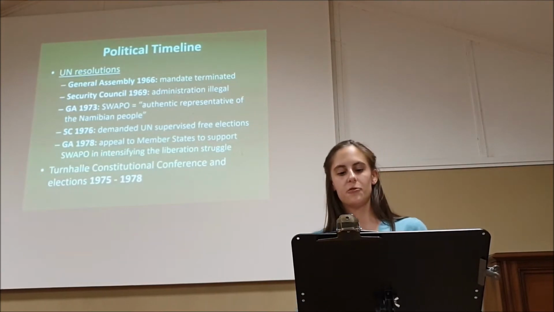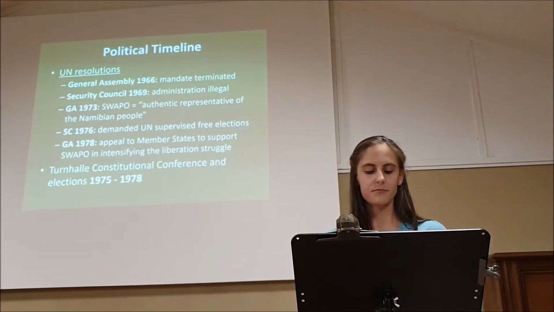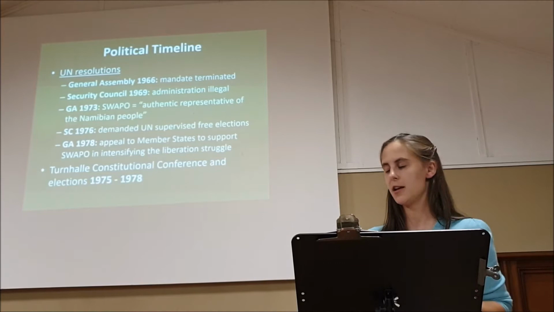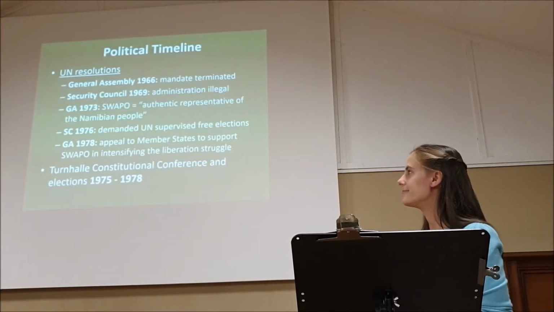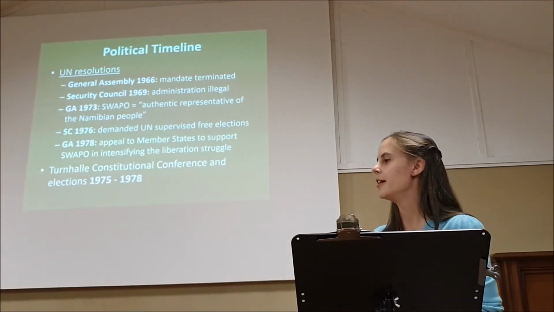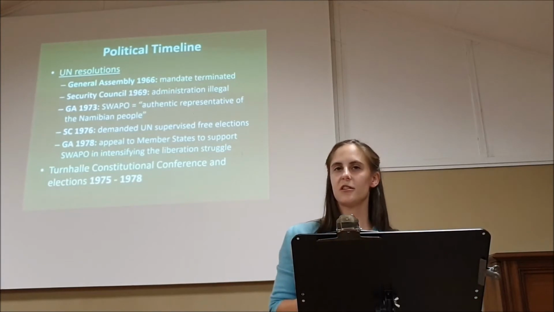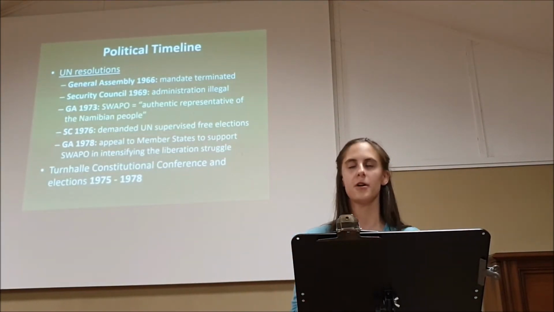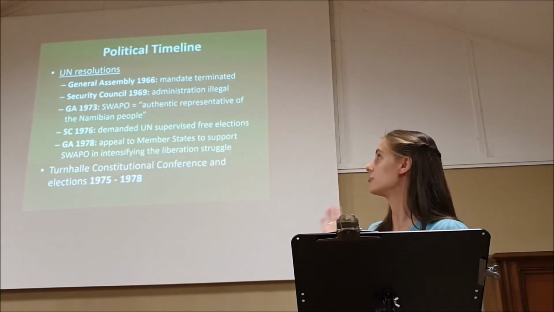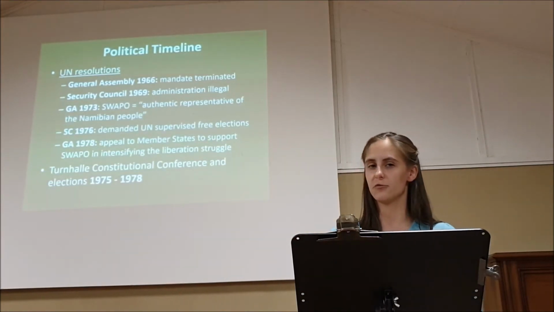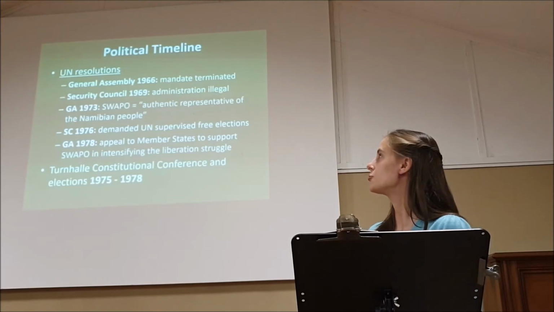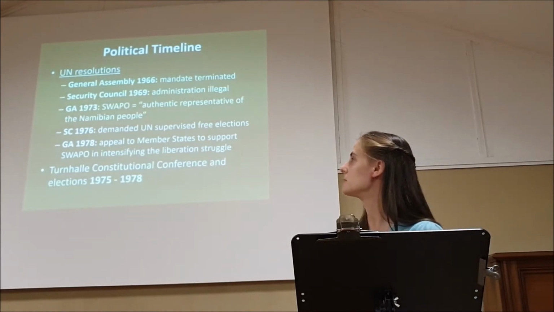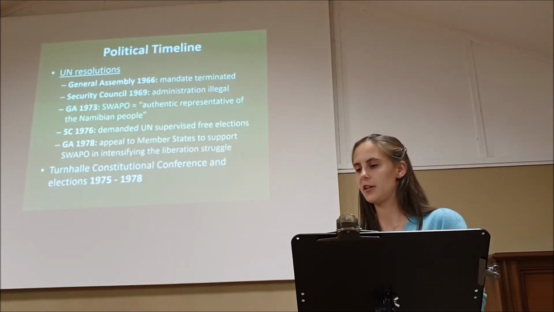Before we get into the war itself, let's take a quick look at the vague political timeline. So to understand the international attitude towards this whole issue, we can look at the United Nations resolutions. So there were two types, the General Assembly and the Security Council.